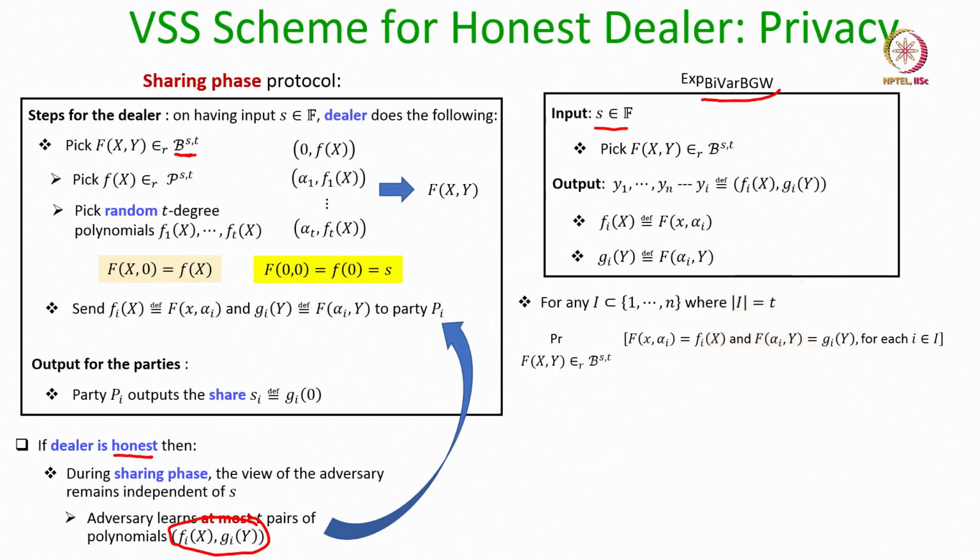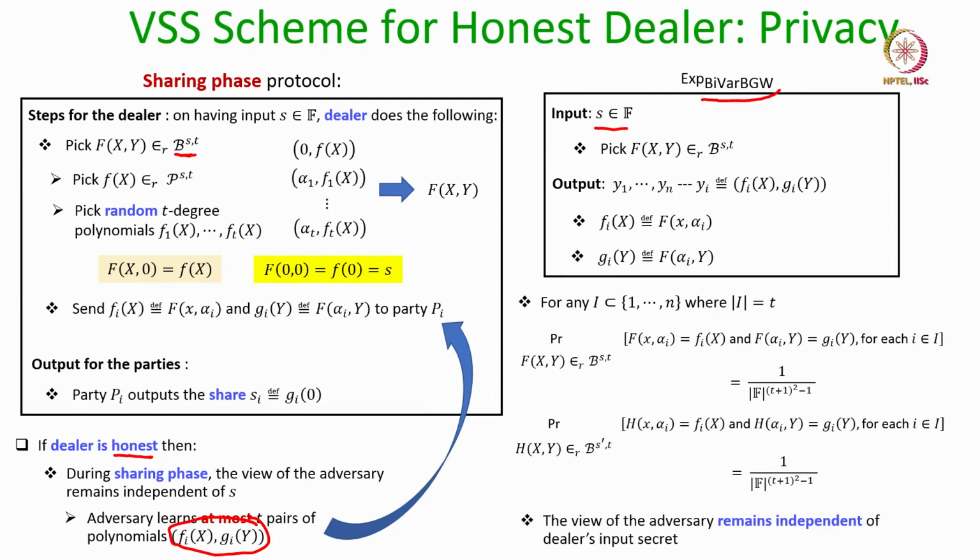And in the context of this experiment we argued in the last lecture that the probability distribution of any t pairs of output row and column polynomials is independent of the input of this experiment. That means, if someone gets to see t row and column polynomials from this experiment, then from the viewpoint of that observer it could be the case that the experiment has been run with input S with the same probability with which it would have been run with input S prime.